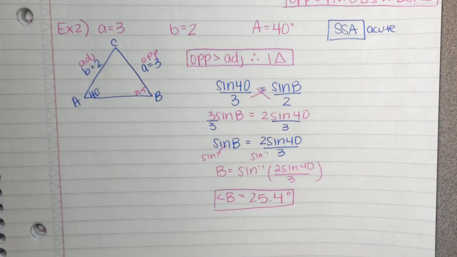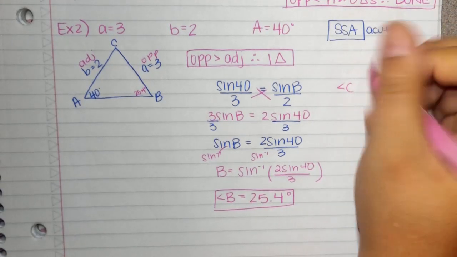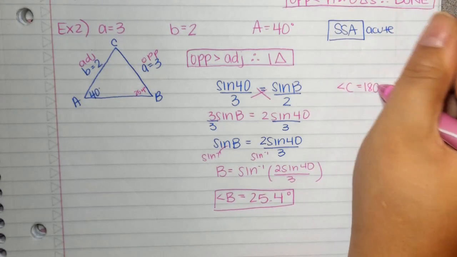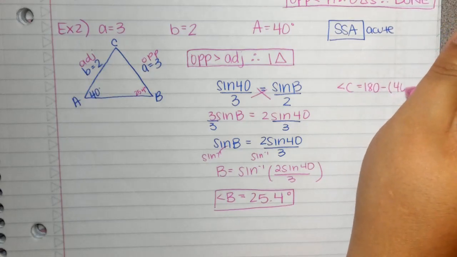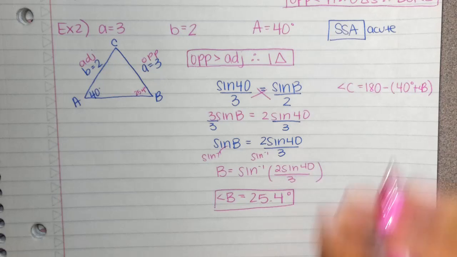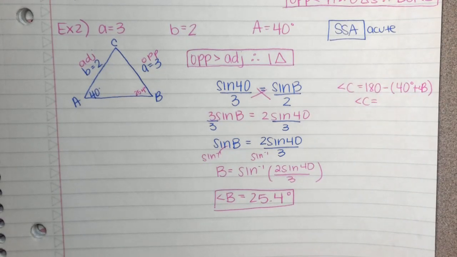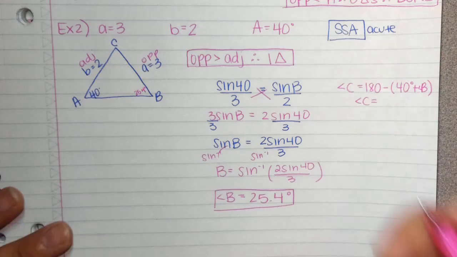Does that make sense what I'm doing in Schoology? So in not Schoology, goodness gracious, in Desmos. In Desmos, when you're doing this, I would put B equals when you type this in. And so to find angle C, I'm going to do 180 minus 40 plus angle B. And what did we get for angle C? 114.6.